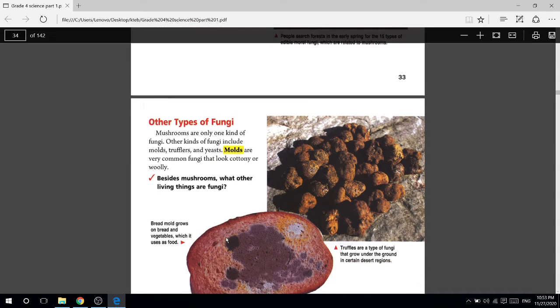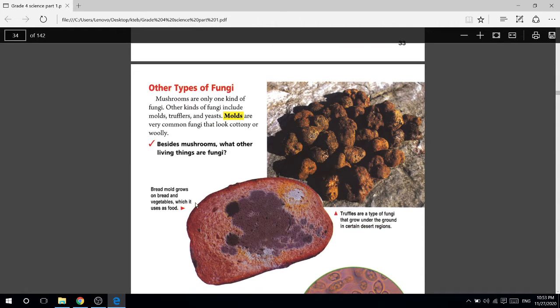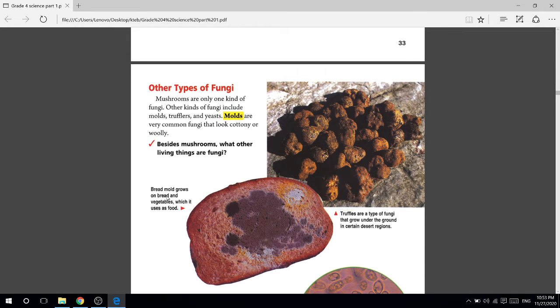Bread mold grows on bread and vegetables. Where does this kind of fungi grow? It grows on the bread or vegetables, which it uses as food.